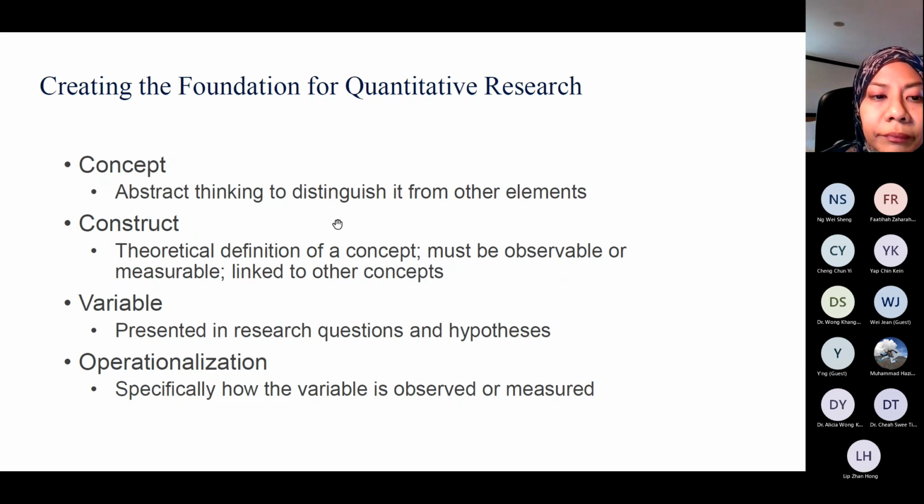And finally, operationalization, specifically how the variable is observed or measured. This is related to the methods that we are going to use to achieve the objective, whether we are using frequency, descriptive analysis or inferential analysis.